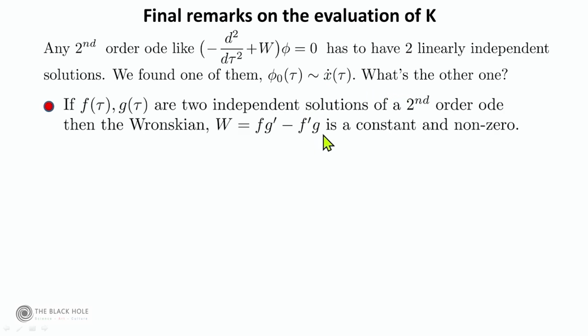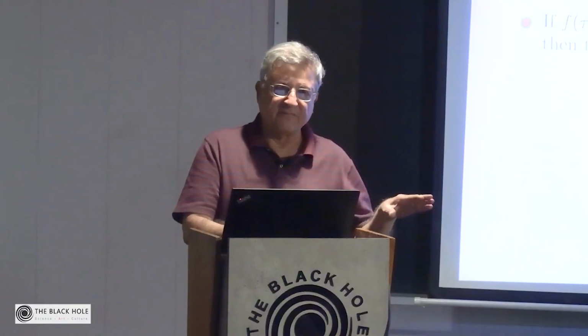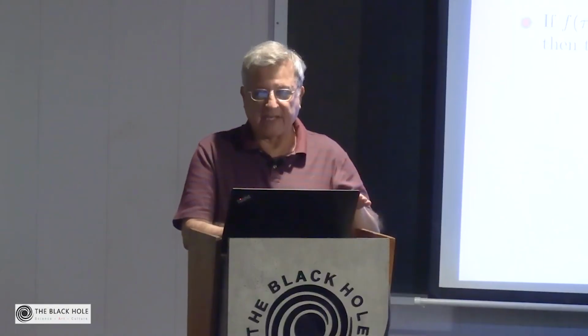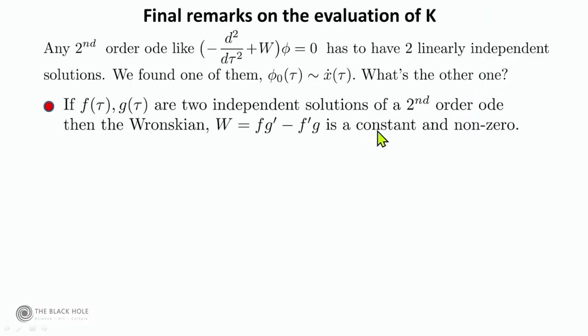So then you go back to the theory of differential equations. If you have f and g, which are two independent solutions of a second order ordinary differential equation, then the Wronskian, which is one function times the derivative of the other minus the derivative of the first times the second function, is a constant and it has to be non-zero.